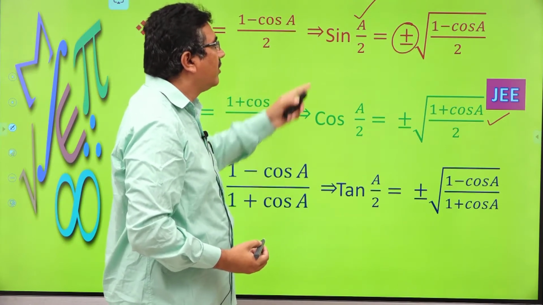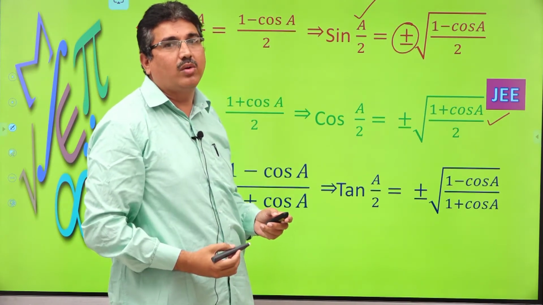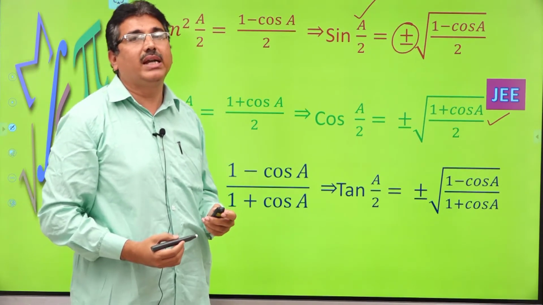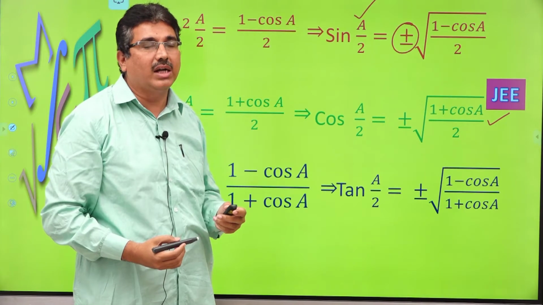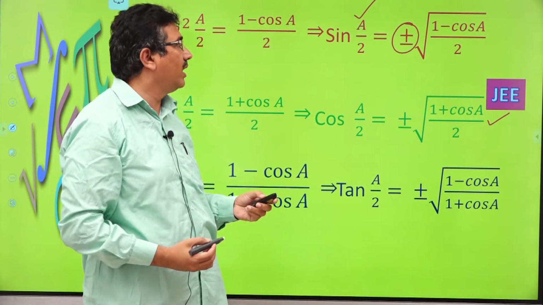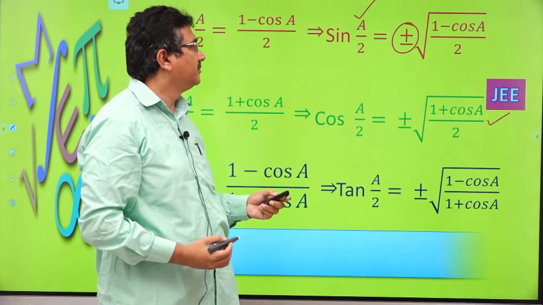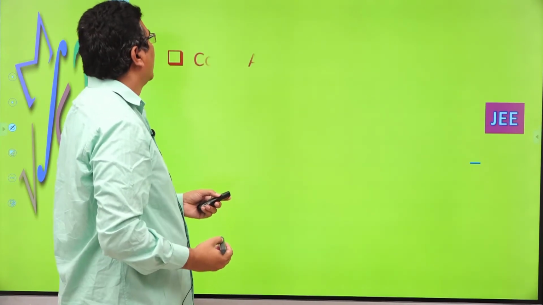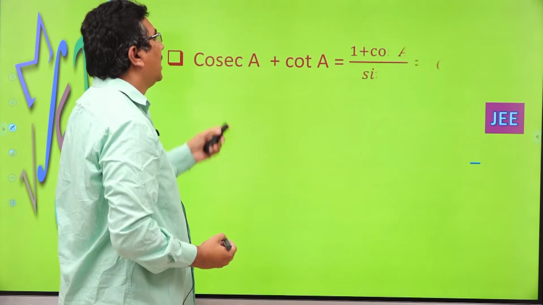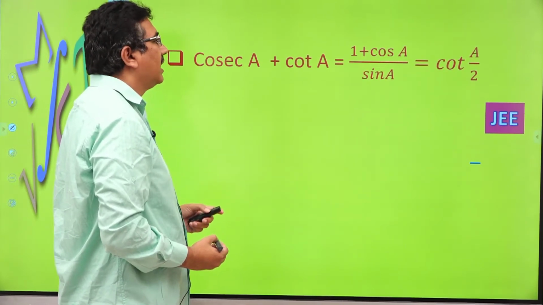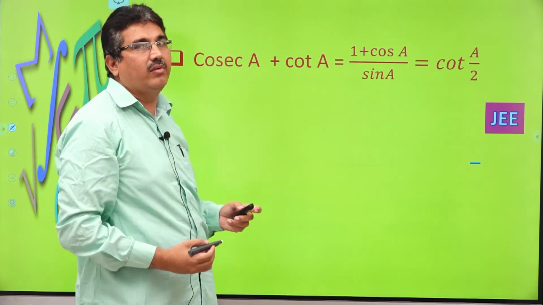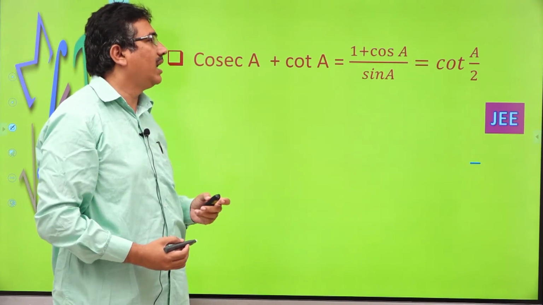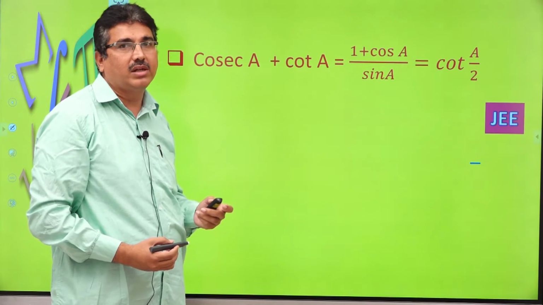So from these formulas, we have to find some values such as sin 22 and a half degrees, cos 22 and a half degrees, tan 22 and a half degrees. Okay, right. Now see, these are small results, but they are very useful throughout trigonometry and the remaining topics of calculus and geometry.